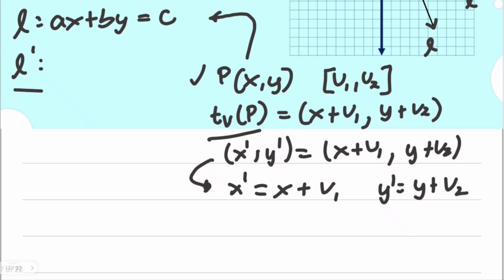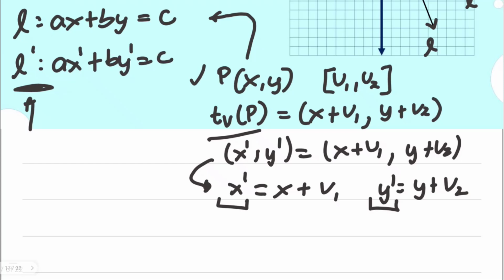To come up with the equation of the translated line, we can come up with forms for x prime and y prime, because this would also involve an equation a x prime plus b y prime is equal to c. Not necessarily the same a coefficient, not necessarily the same b coefficient or c coefficient. We're just going to substitute it there, and the values would correspond to these forms here.